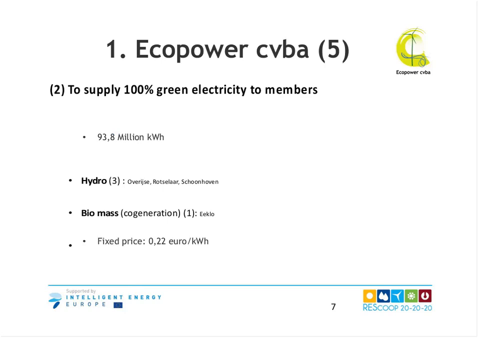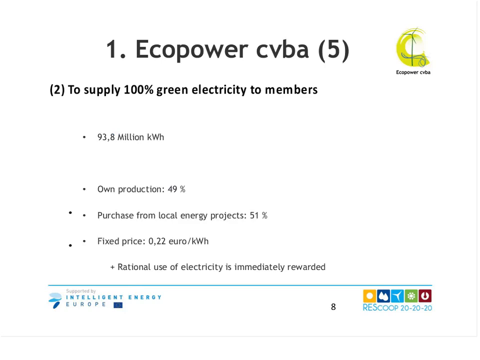So our aim is to supply our members with 100% green electricity. In 2012, it was about 93 million kilowatt hours. So now it has risen a bit to about 100 million, and it's about 40,000 families in Flanders, 1.4%.